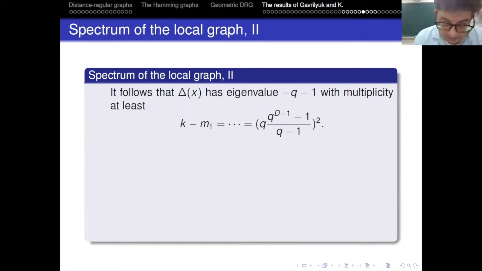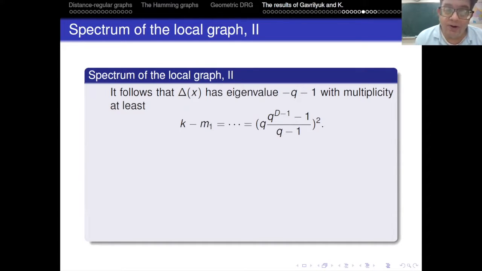So that delta X has an eigenvalue minus Q minus 1 with multiplicity at least K minus M1, because M1 is smaller than K. And by the first result, we know that minus 1 minus B1 over theta 1, which in this case is exactly minus Q minus 1, must have multiplicity at least K minus M1, and that is this number.